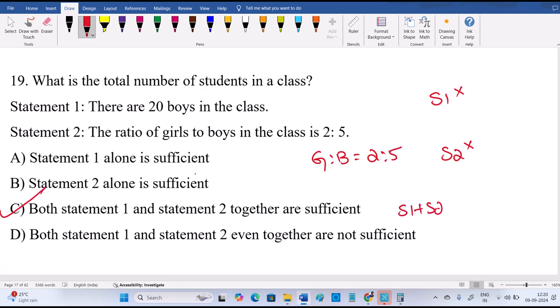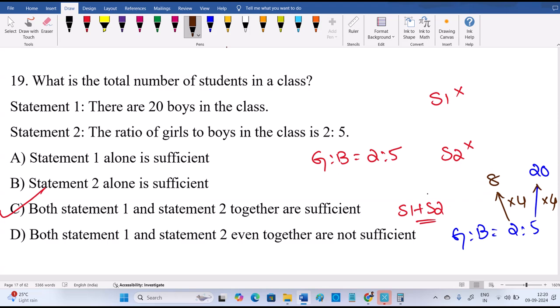How, sir? Together, girls and boys are 2:5. In the question, boys are 20. Here the relationship is times 4, then girls also times 4. 8 girls will be there. 8 plus 20, 28 is the total strength.